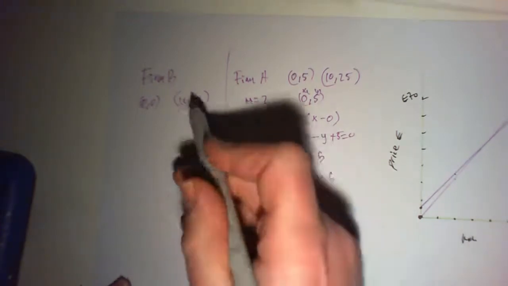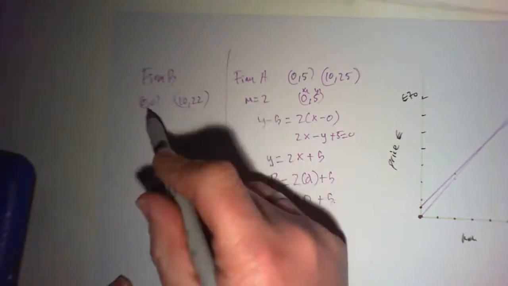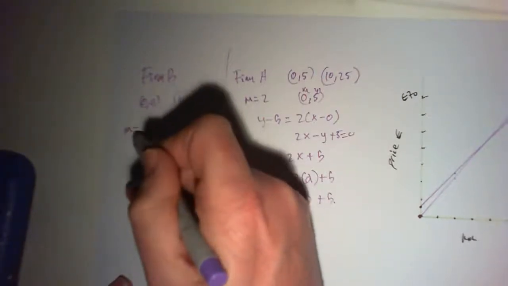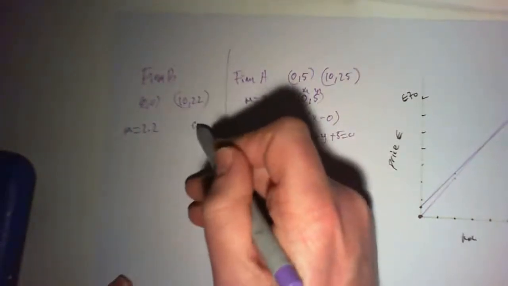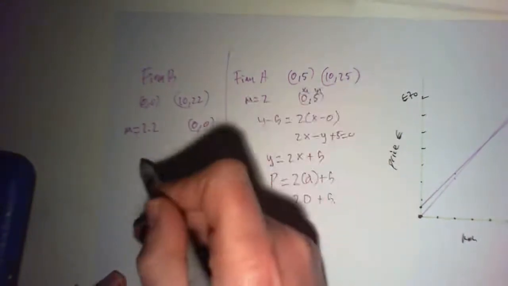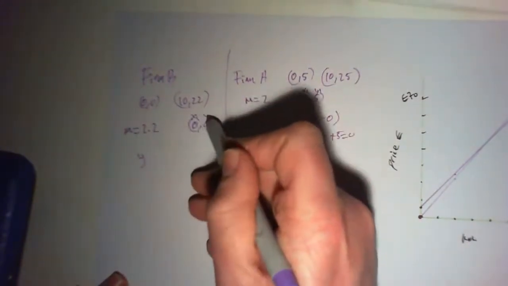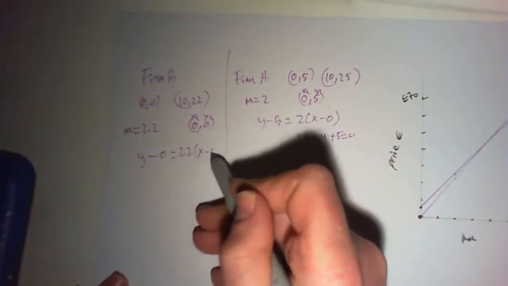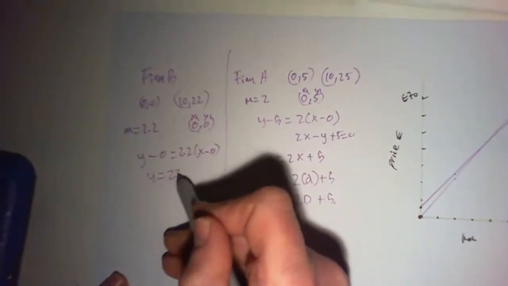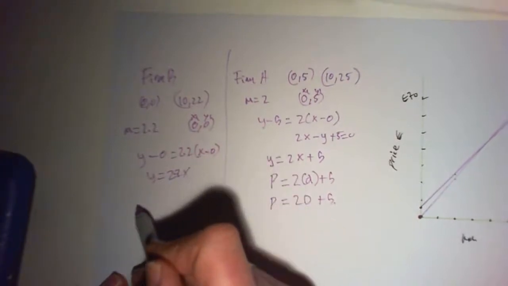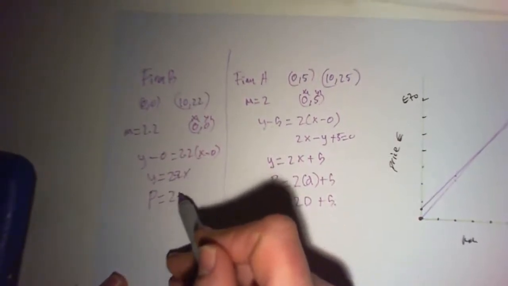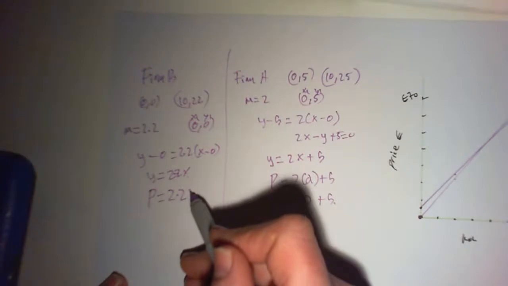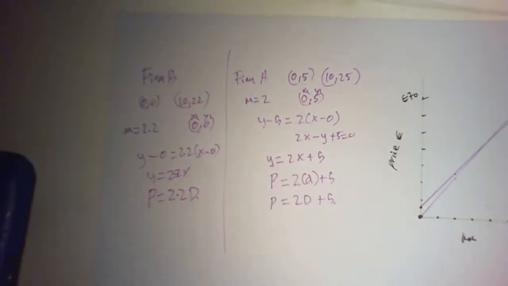So 22 minus 0 over 10 minus 0, that's slope m is equal to 2.2, and we'll use 0 and 0 as our x and y. So y minus y1 is equal to m times x minus x1. y is equal to 2.2x, or p is equal to 2.2d. Interesting. Okay, so there's your two of them done.